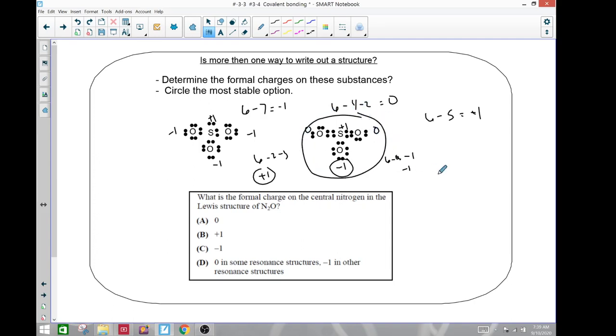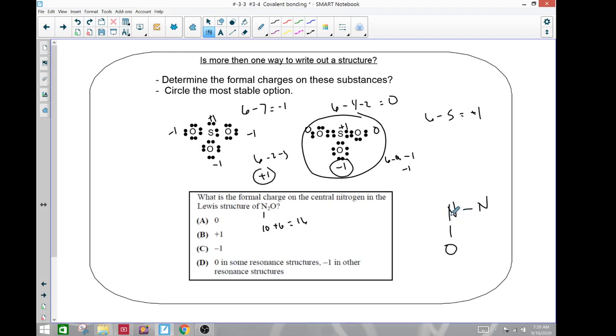All right, next one. What is the formal charge of the central nitrogen atom of this guy? Go ahead and give it a try. This is a great problem because we can only draw it out so many ways. So nitrogen bonding to nitrogen, bonding to an oxygen. Let's do our Lewis structure here. This guy is 5 times 2 is 10, plus another 6 is 16.